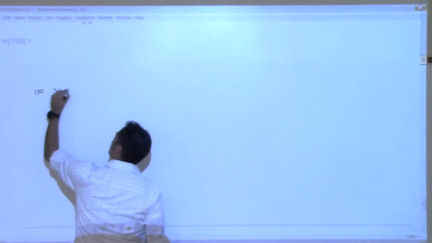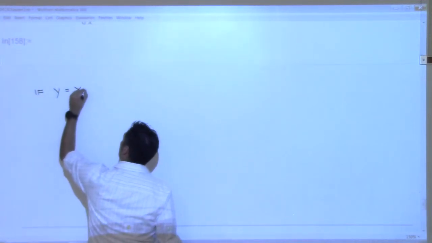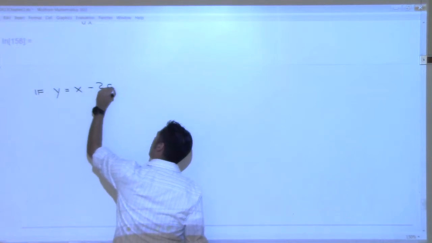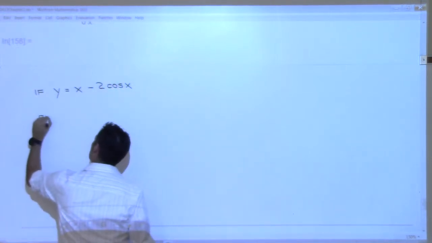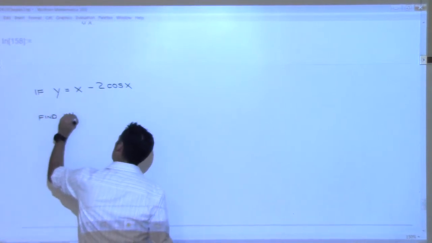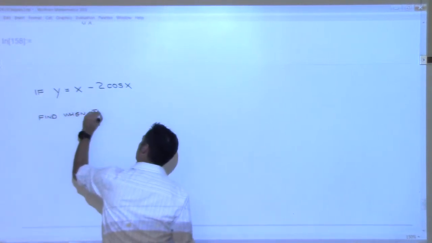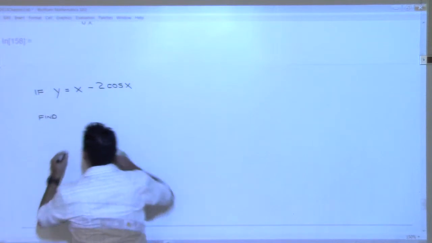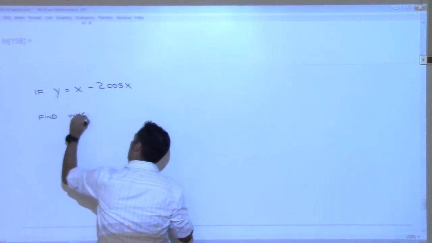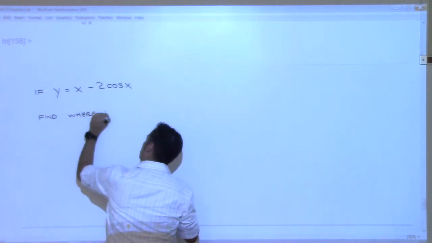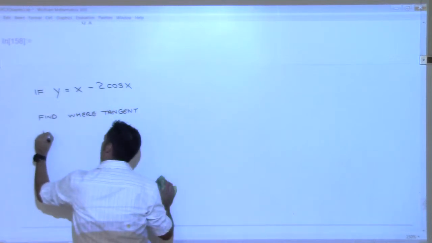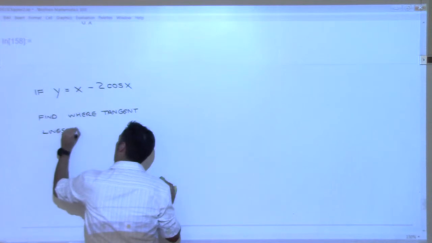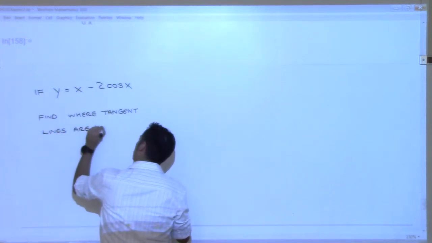If y equals x minus 2 cosine x, find where the tangent lines are horizontal.